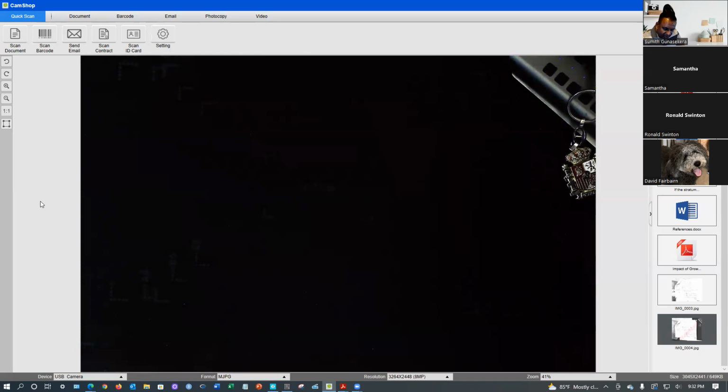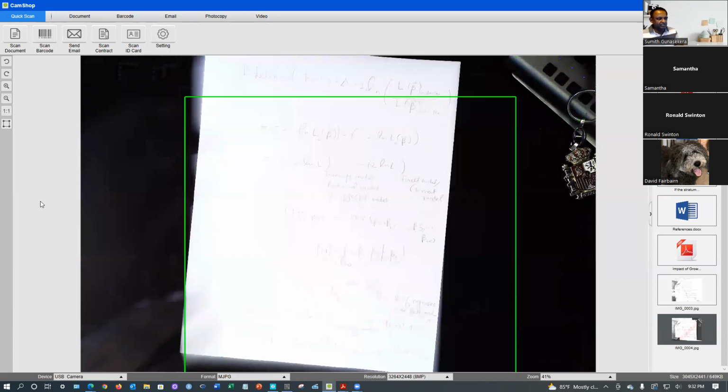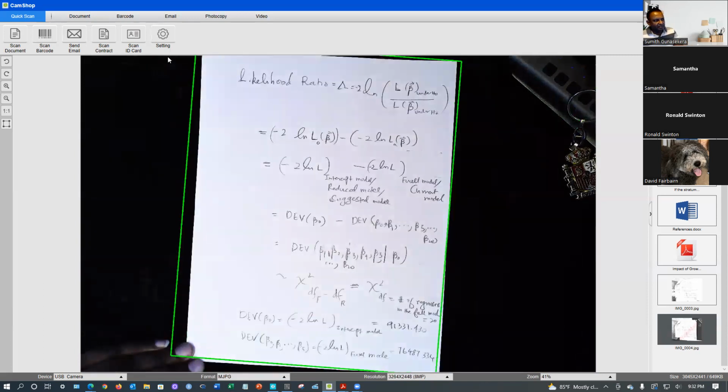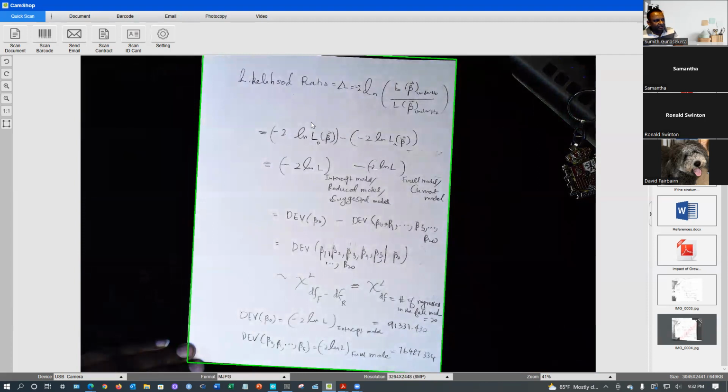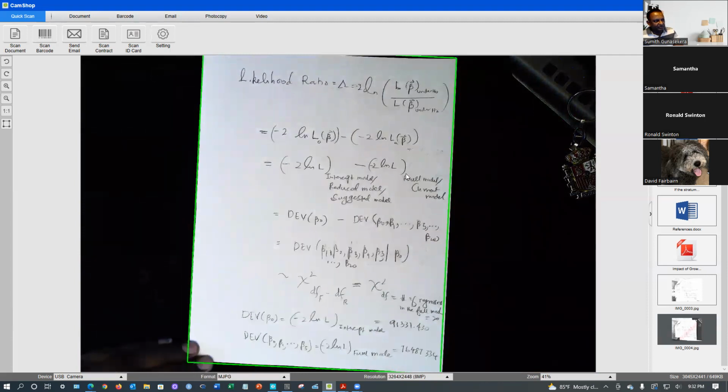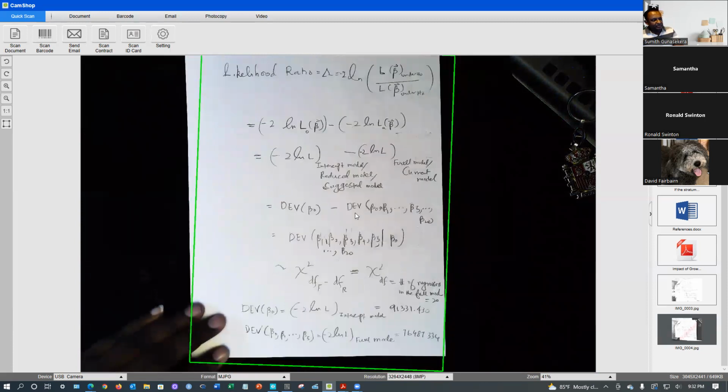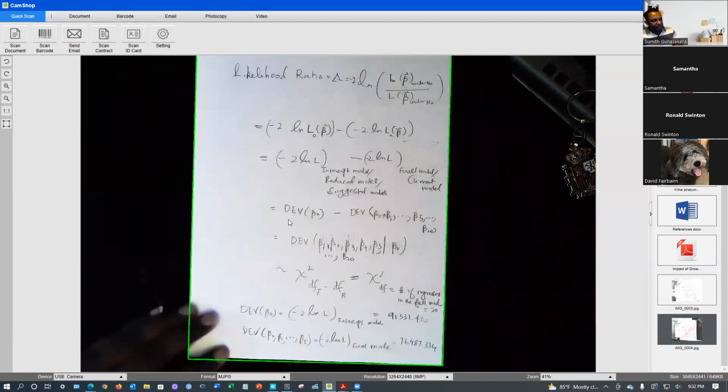You have a full model and a current model. This is the reduced model part minus the current model part, minus 2 ln L. It can also be given in a different way, called the deviance.